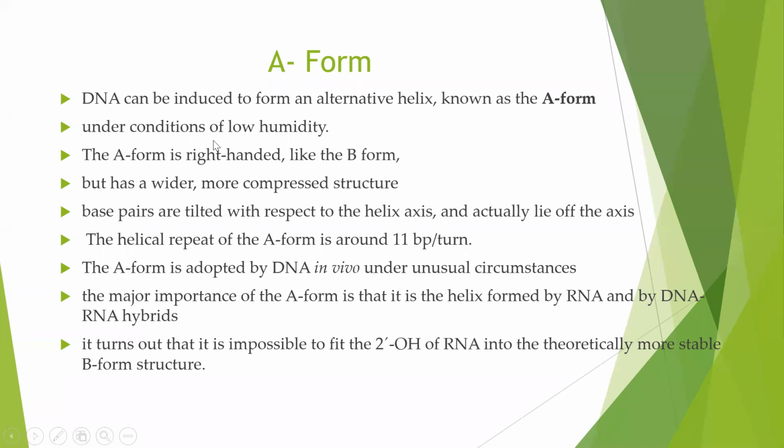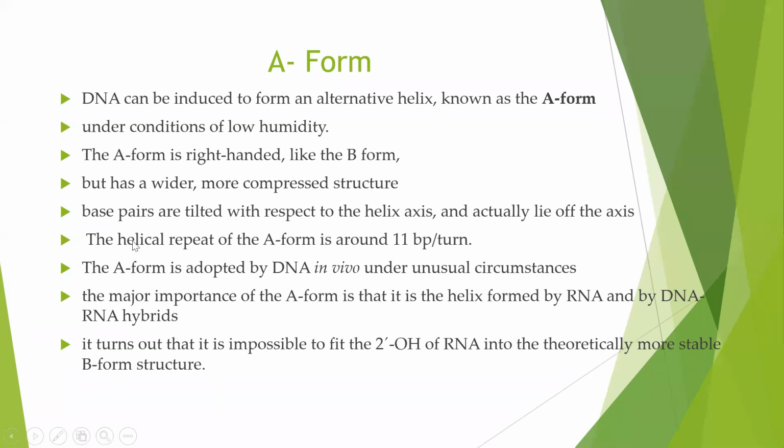What are those unusual conditions? It could be conditions of low humidity. This A form of DNA double helix is right-handed, similar to the B form of the DNA. We all know that even the B form takes up the right-handed helix.